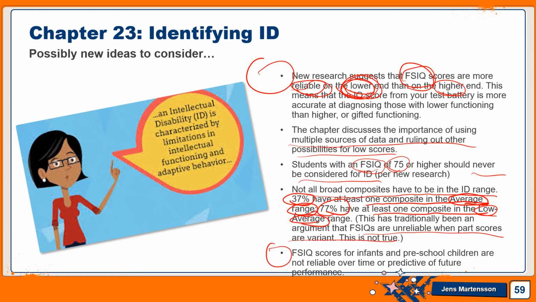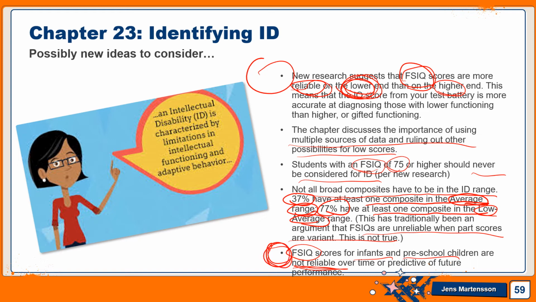And then the full scale IQ: if you're one of those diags who test for PPCD, trying to get a full scale on an infant or a preschooler, 2, 3, 4 years old, they are not reliable over time. So please, please, please, in my opinion, do not put ID on a child. They're just not reliable scores, and the research is proving that, and we've heard that from advocates before, and it's true.